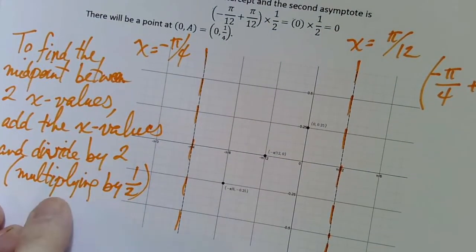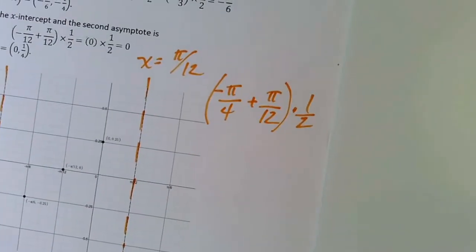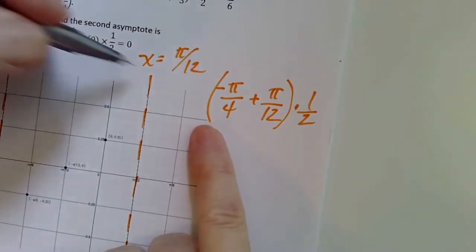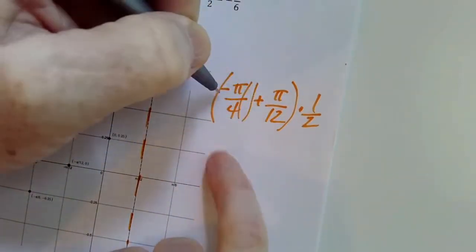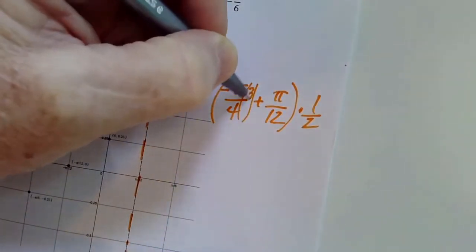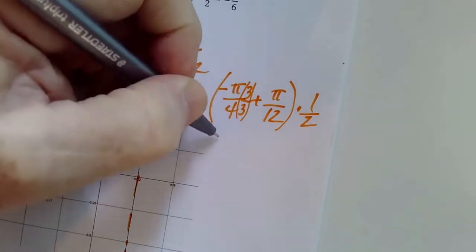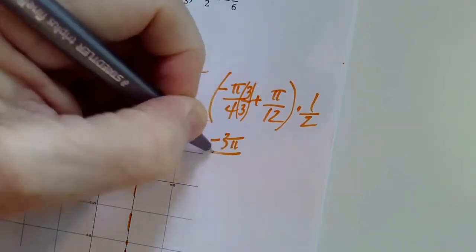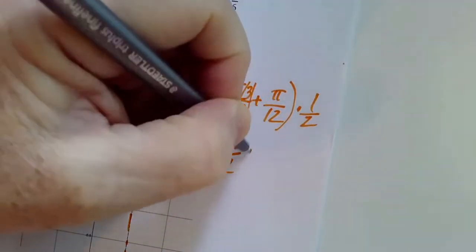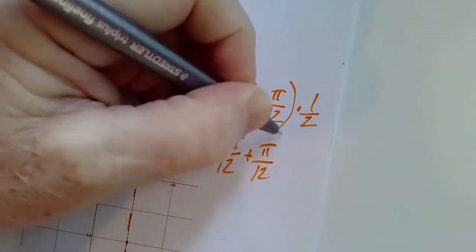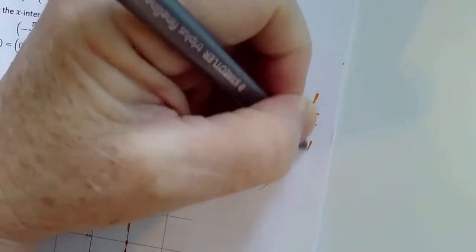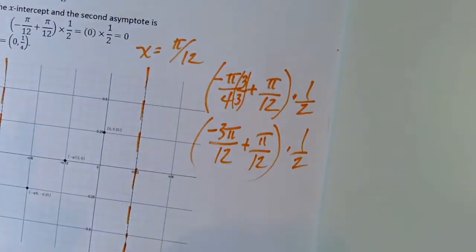Instead of dividing by 2, we're multiplying by 1/2. And I see that in order to get a common denominator, I need to multiply negative pi over 4 by 3 over 3. So now I get negative 3 pi over 12 plus pi over 12. And it's still all multiplied by 1/2.